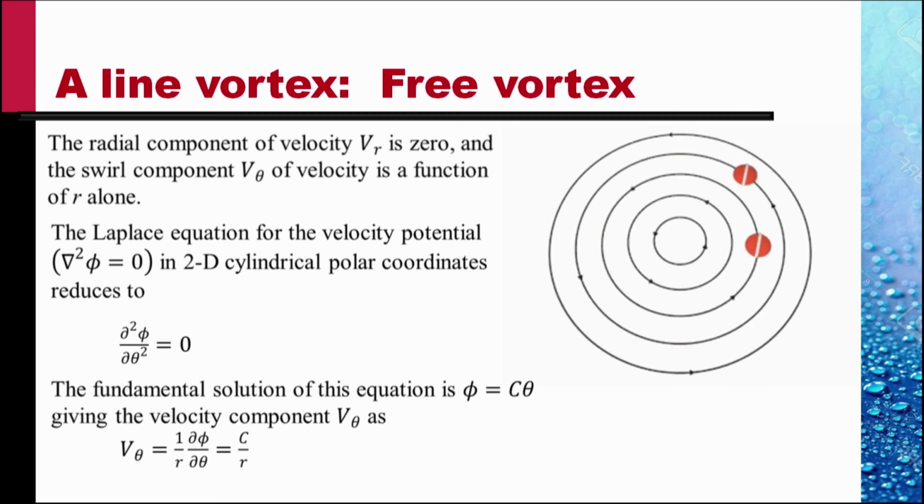So the swirl component of velocity is inversely proportional to r. Fastest at the center and slowest outside.